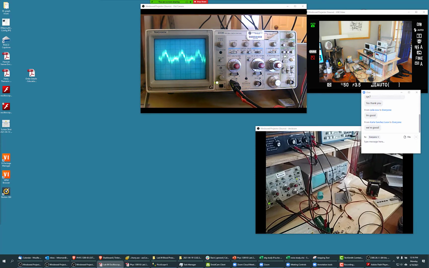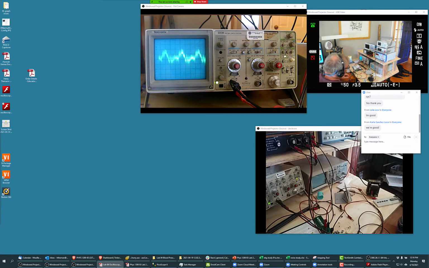Okay, what's next? So let's take a look. We measure the period of the dominant noise and calculate its frequency, which we did. Now it wants us to look at the transformer output.